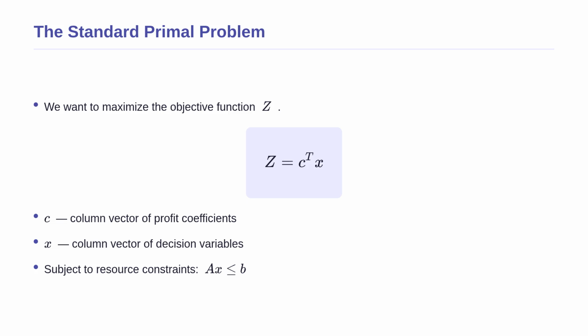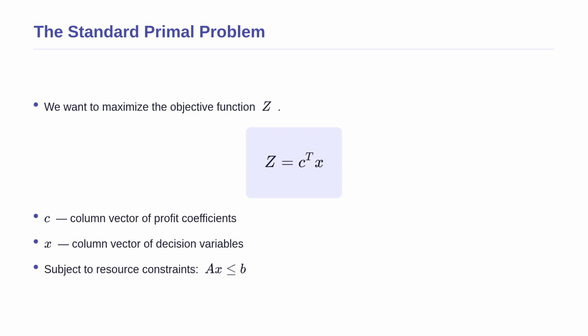Before we can connect the primal and dual problems, we need to define them mathematically. Let us start with the standard primal problem. Conceptually, this represents our goal to maximize total profit. We define this profit as Z, which equals C transpose times X. Here, C represents the profit each individual item makes, and X represents the quantity of each item we decide to produce.